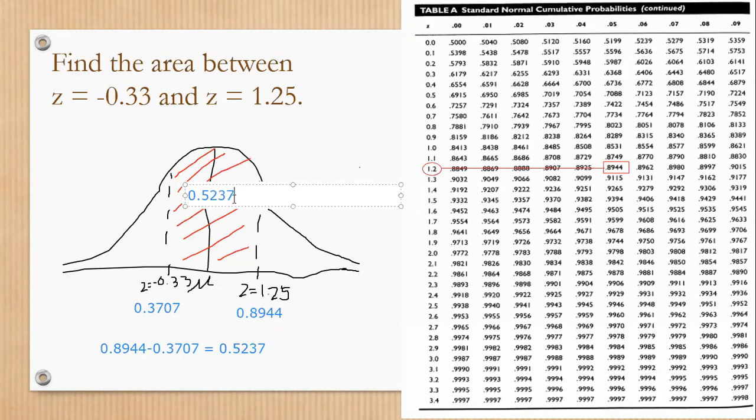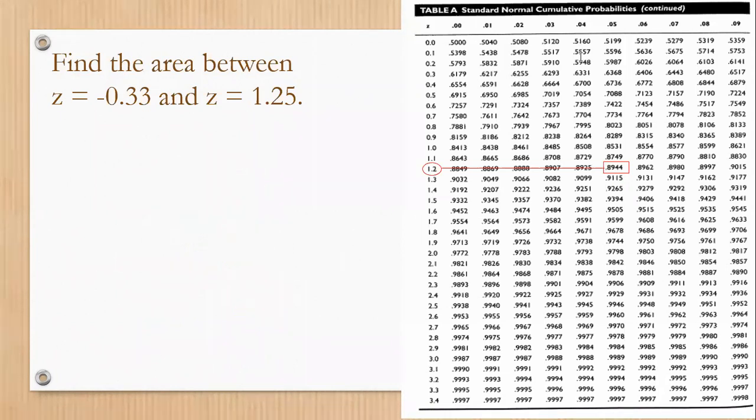So, ibig sabihin, yung shaded region sa normal curve natin, yan po yung nagre-represent ng 0.5237 na hinahanap natin. Okay po? May question po tayo doon? Wala. Okay. So, proceed na tayo doon sa kasunod.